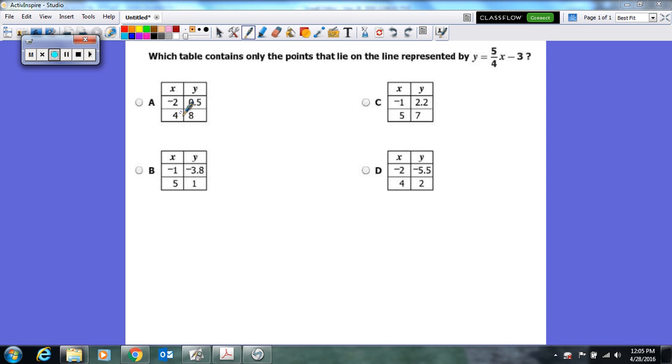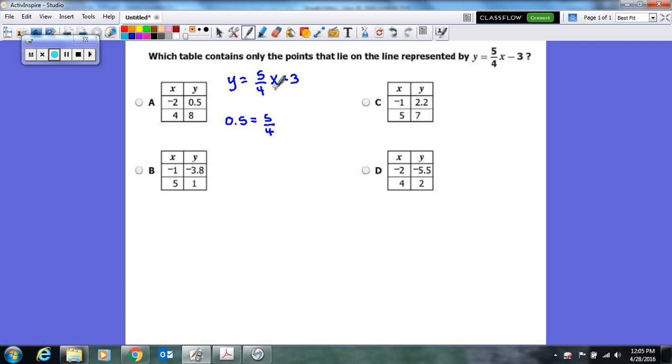So let's begin with our first table, and we'll begin by writing down our equation, y equals 5/4 x minus 3. So our first ordered pair is -2, 0.5. So instead of a y, I have a 0.5, equals 5/4.